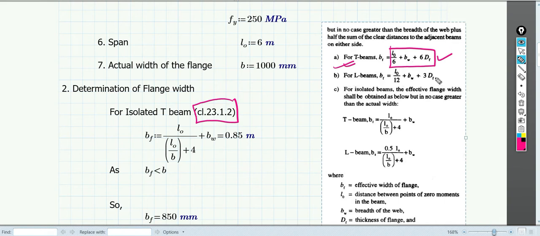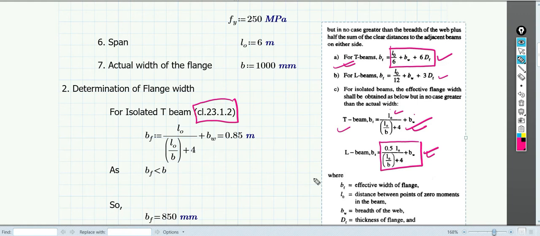For L beam, it is L naught by 12 plus bw plus 3 Df. And if you are talking about some isolated beams, then it is L naught by (L naught by b plus 4) plus bw. This is for T beam, and if you take half of what you have got for T beam, then it becomes for the L beam.